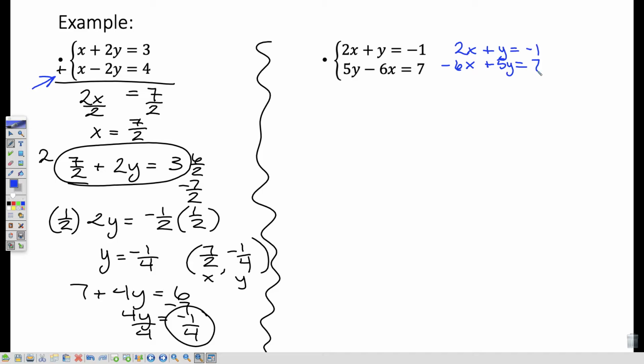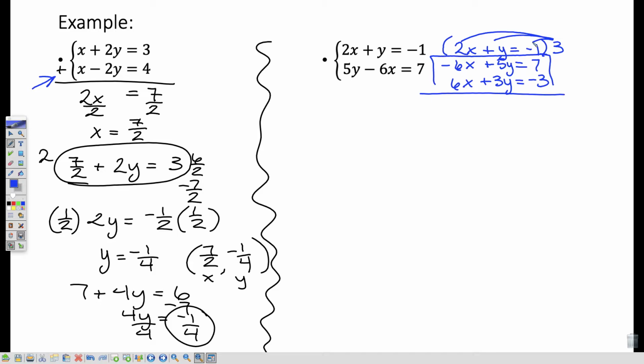Okay. So we're going to multiply this whole thing by 3, and I'm just going to write it underneath. So now I have these equations right here, and I just combine them, because I multiplied this all by 3. He saw that if I multiplied 2 by 3, I had a positive 6, and there's a negative 6.